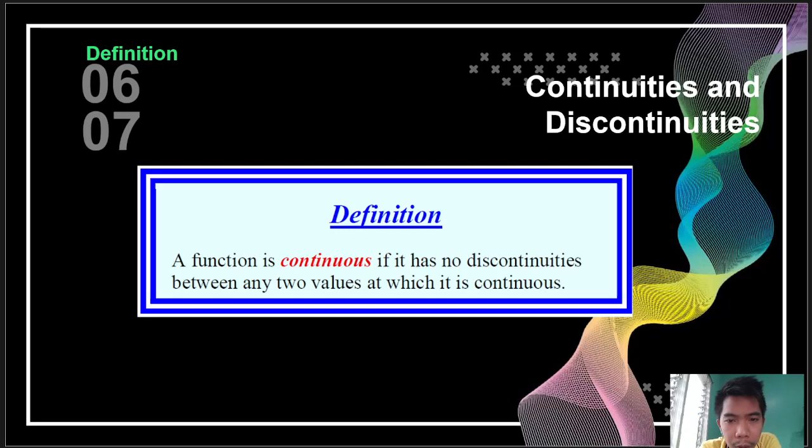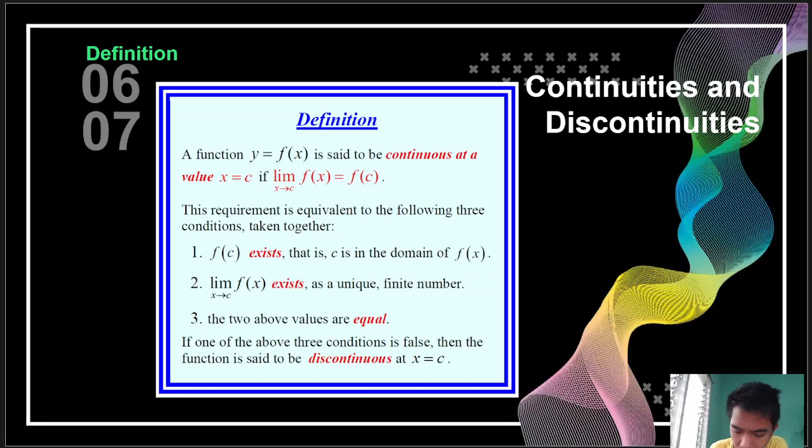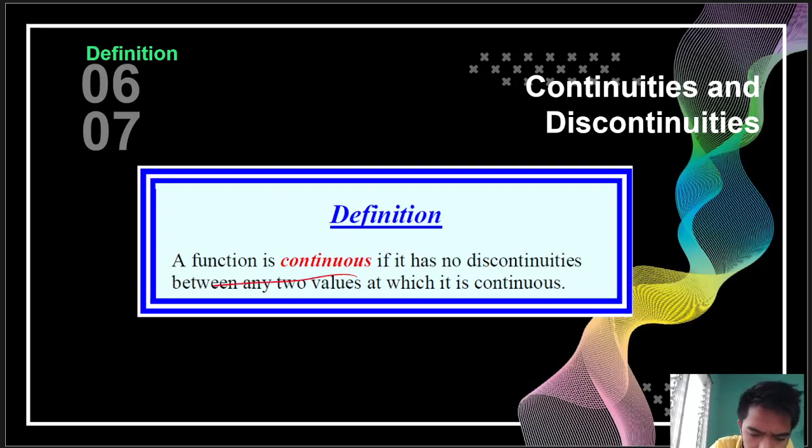A function is continuous if it has no discontinuities between any two values at which it is continuous. I'll repeat, between any two values. If it has no discontinuities between any two values, then that is considered to be continuous.